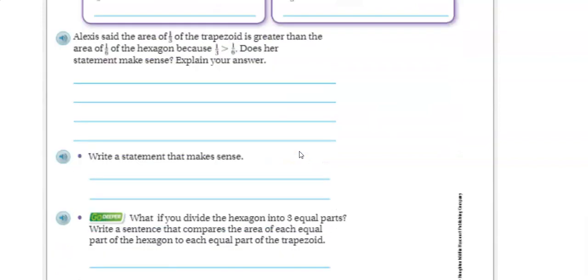All right, so then we have Alexis said the area of 1/3 of a trapezoid is greater than the area of 1/6 of a hexagon because 1/3 is greater than 1/6. Does her statement make sense?